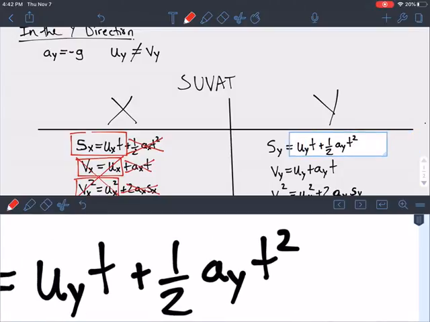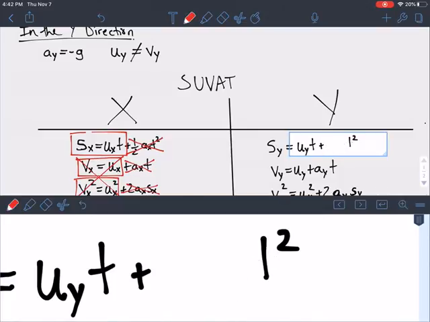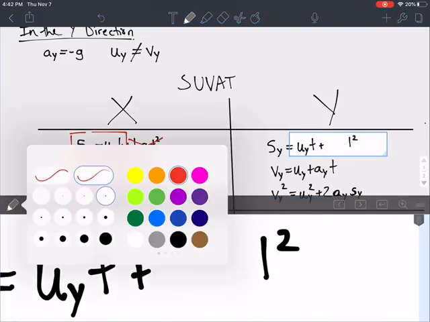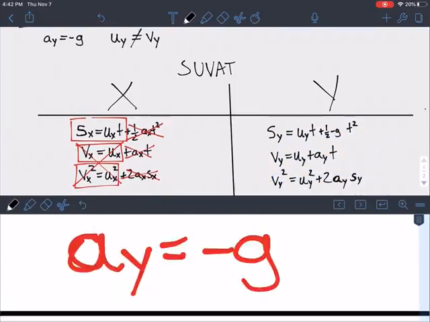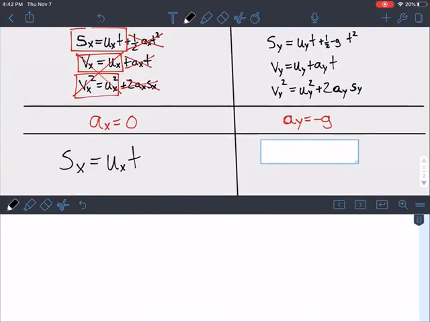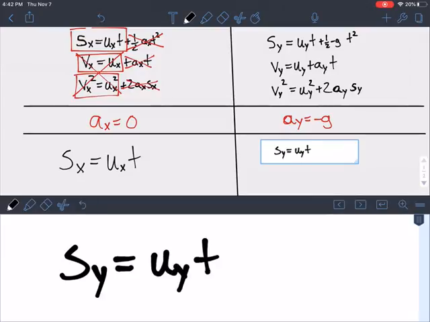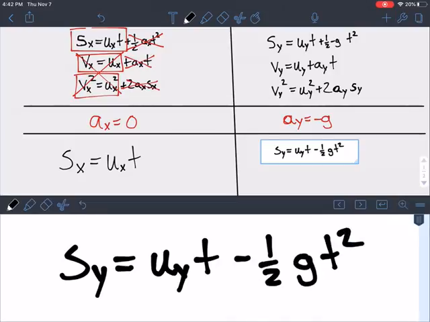Instead of having ay, we now have negative g. Well, let's go ahead and rewrite that equation. We would have sy equals uy times t. Instead of plus 1/2, we could just say minus 1/2 gt squared.